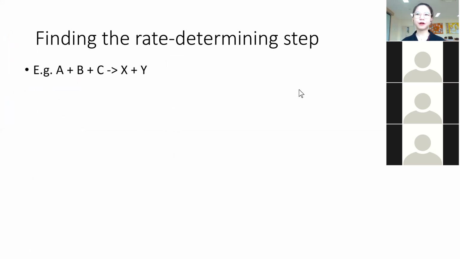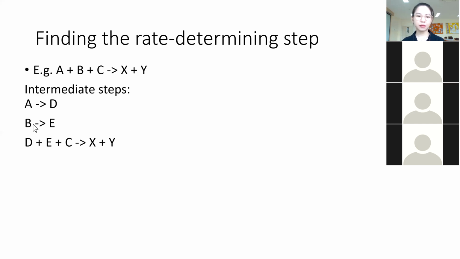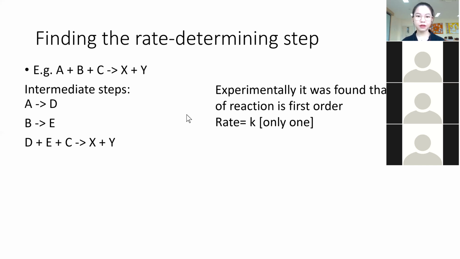So if I know the rate expression, I know what it looks like. And now the question is reversed. Using the rate expression, how can I know which step is the rate determining step? Take my example of A, B, C again. Let's say I have these intermediate steps, but I don't know which one is slow or fast, or which one is the rate determining step. But I do know that the rate expression is only first order.